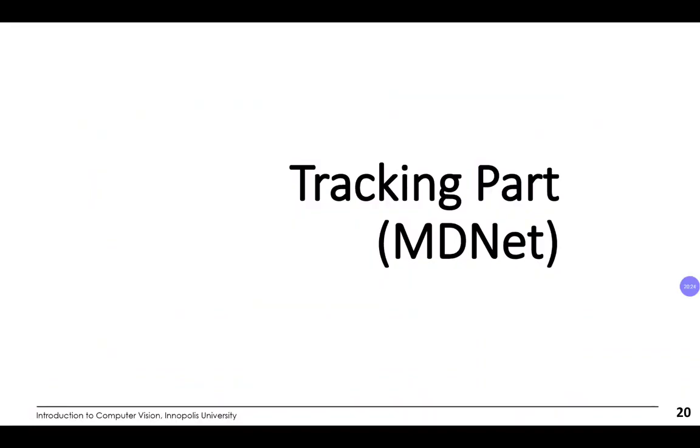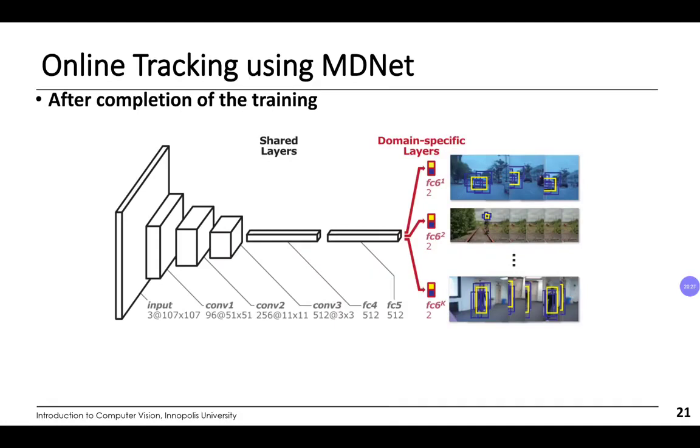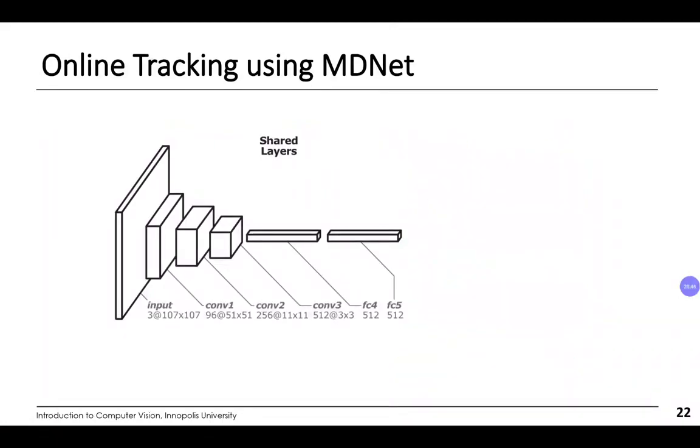Now that part is offline training. In MDNet we also have online training as well as tracking. So after completion of the training, what we are going to do is drop this final layer, the domain-specific layers. You are going to have these shared layers, and then you put another domain-specific layer with just two outputs, like background or the object.